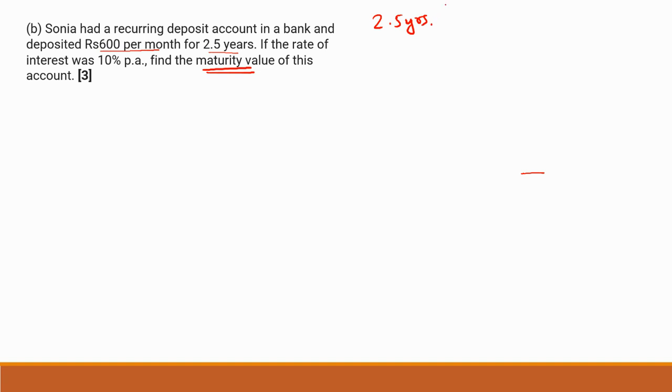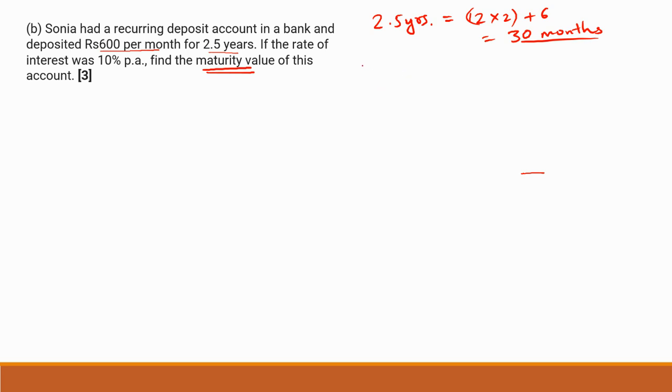Let me just explain the problem here a bit. 2.5 years means how many months? It should be 12 times 2 months plus 6 months, 30 months. So for 30 months, Sonia is depositing 600 rupees every month, and the rate of interest was 10% per annum. Find the maturity value.